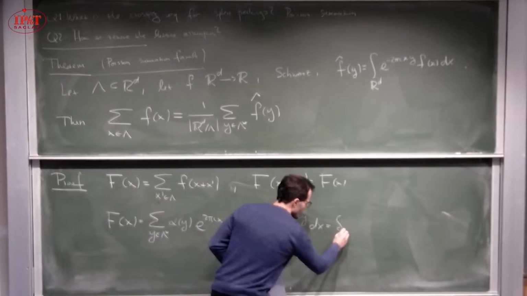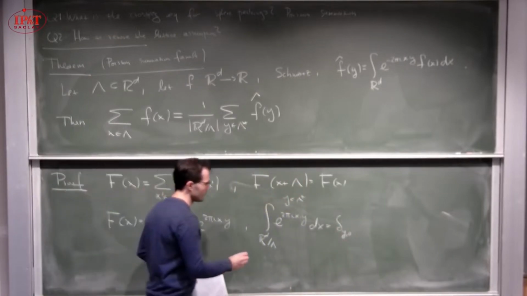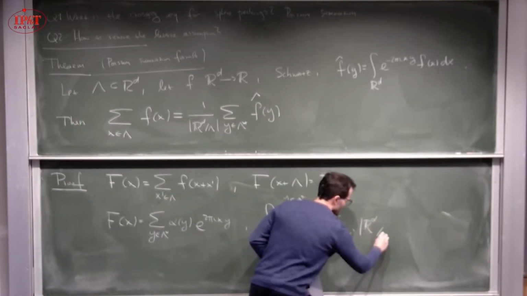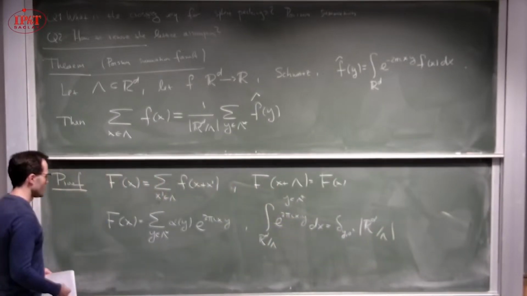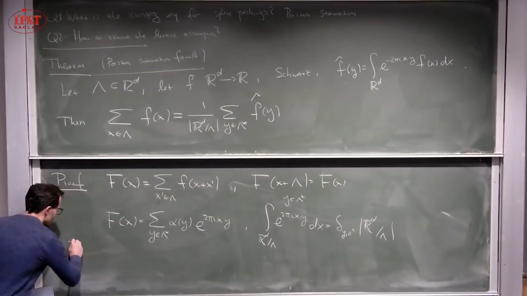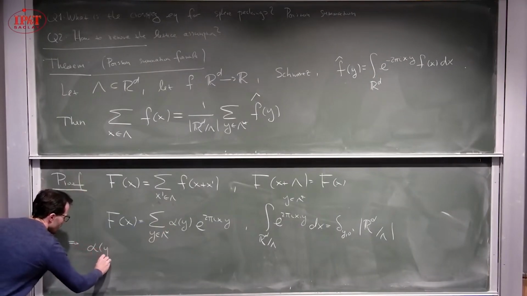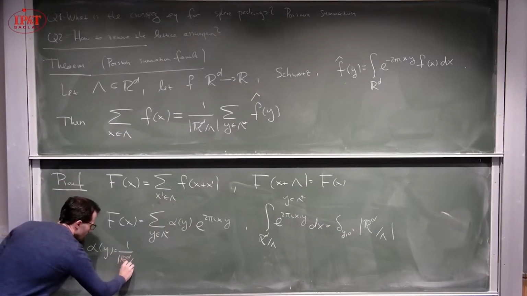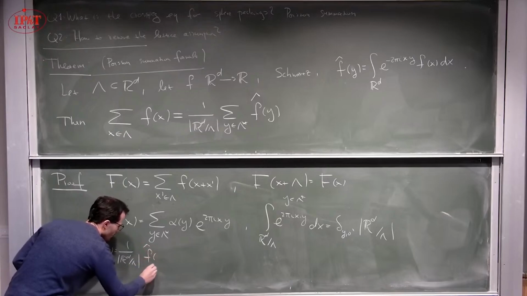So this is the discrete Kronecker delta times the volume of the unit cell. If y is 0, then you get just the Lebesgue volume of the unit cell. So you get the formula for alpha, which is 1 over the volume of R^d over lambda times the Fourier transform of f evaluated at y.